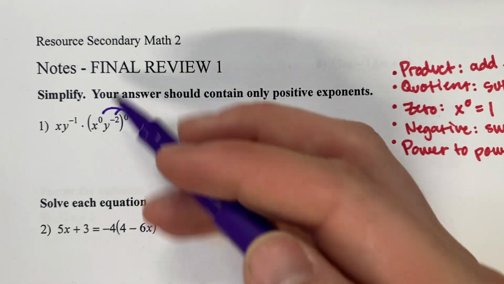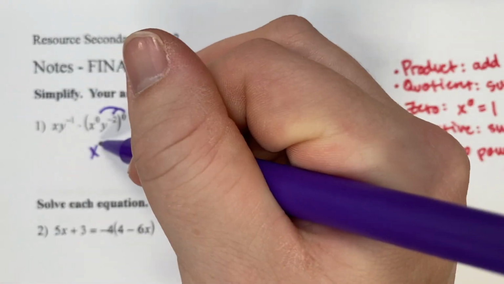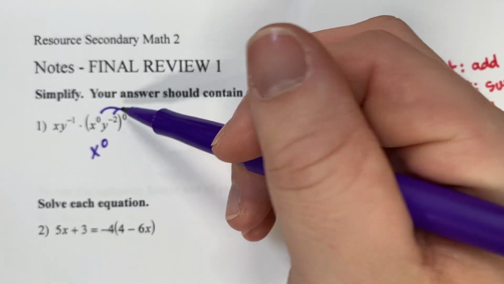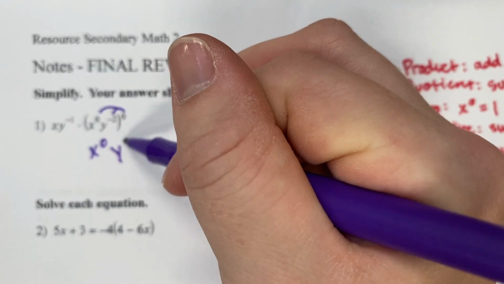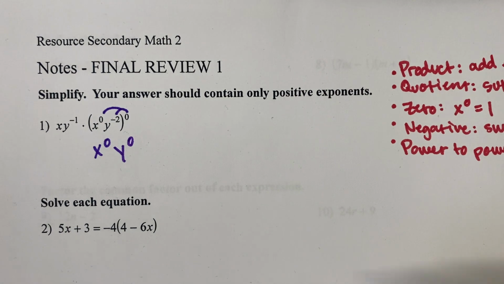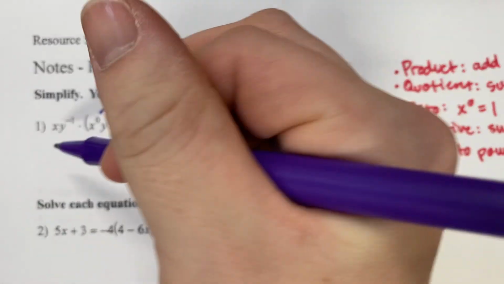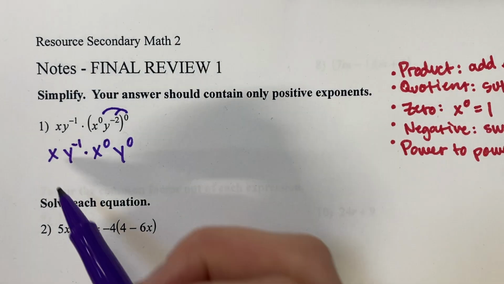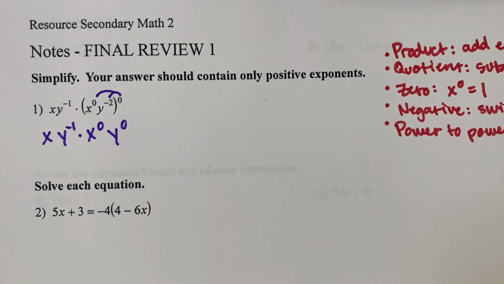So x to the power of 0 times 0 is 0. Y to the power of negative 2 times 0 is also 0. And then we can just put what was out front. And then we had an x, y to the negative 1. And now it's all just being multiplied.